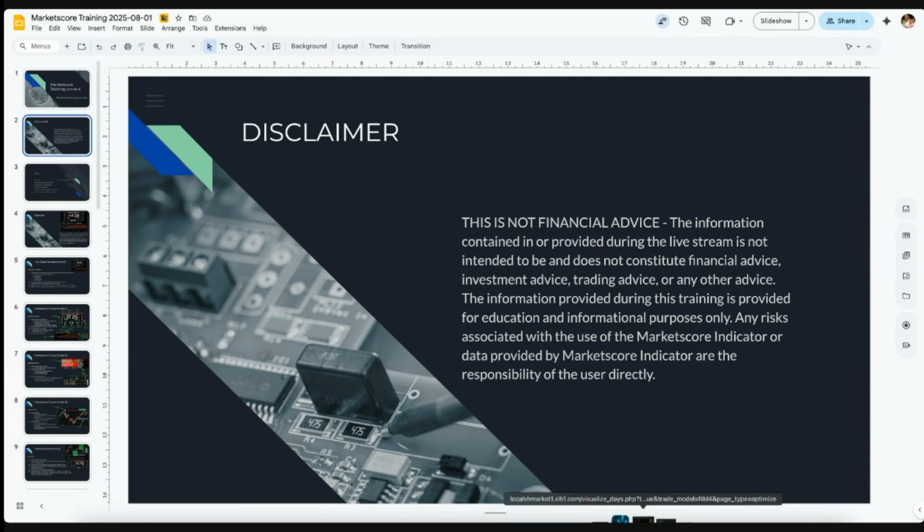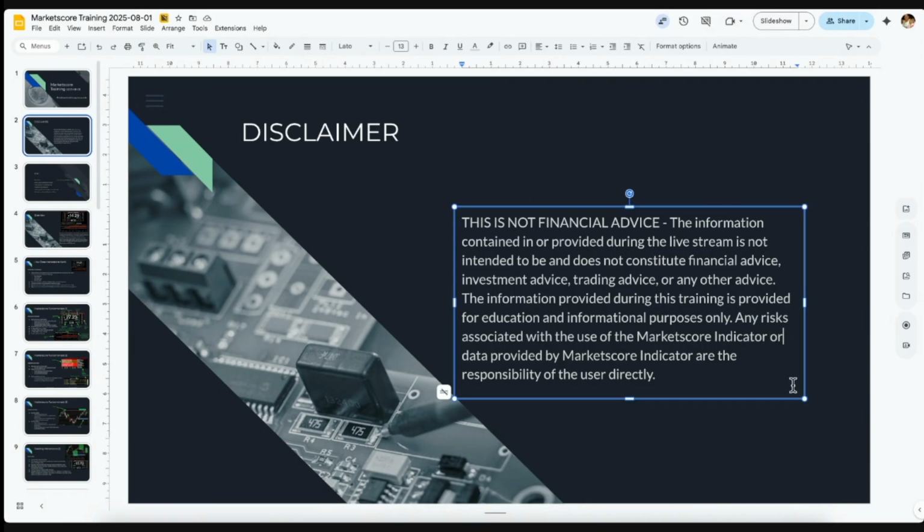I will actually add Marketscore Chrome extension, because of course we're now adding, I completely forgot about this, the Marketscore Chrome extension, or data provided by the Marketscore extension. Sorry, evidently I can't spell.